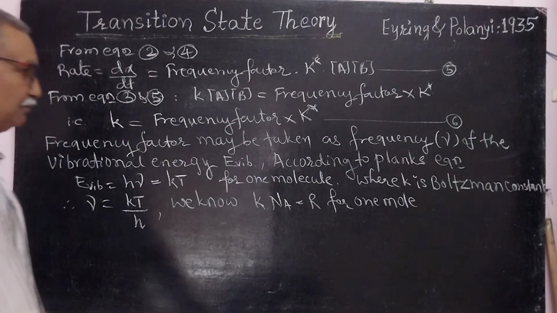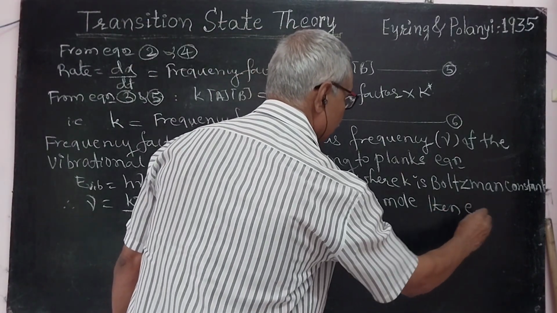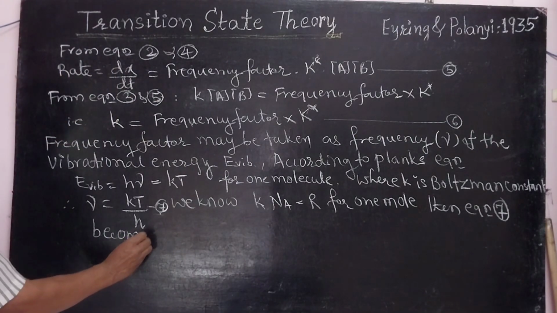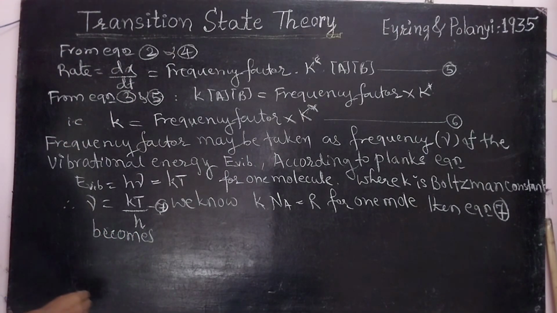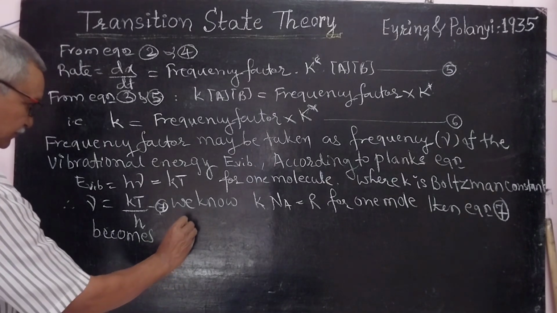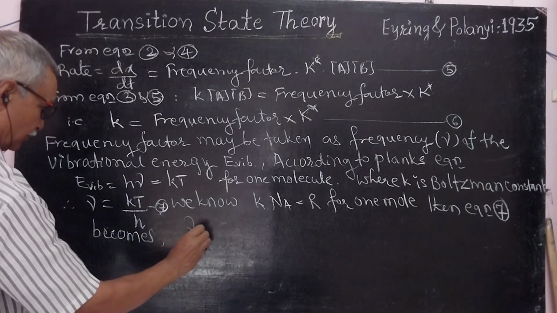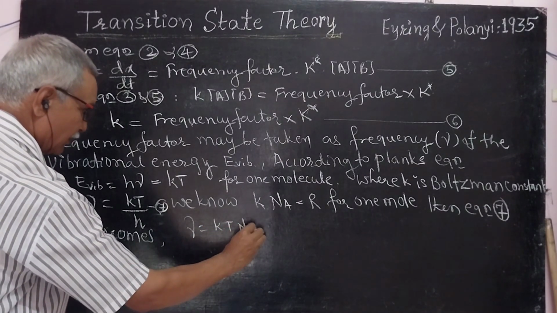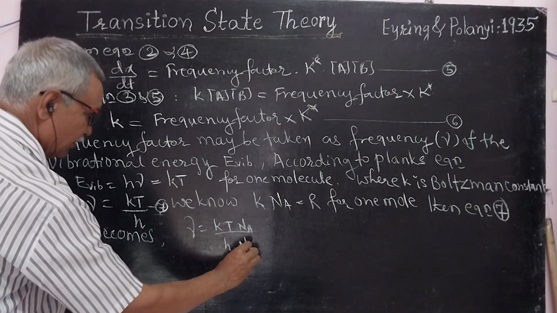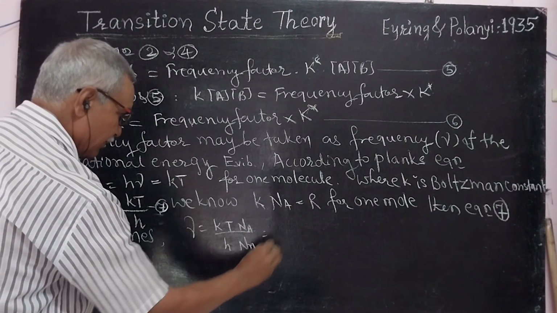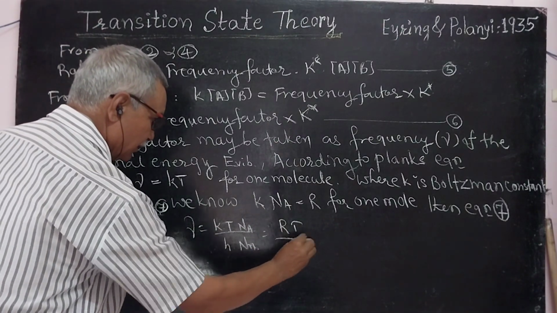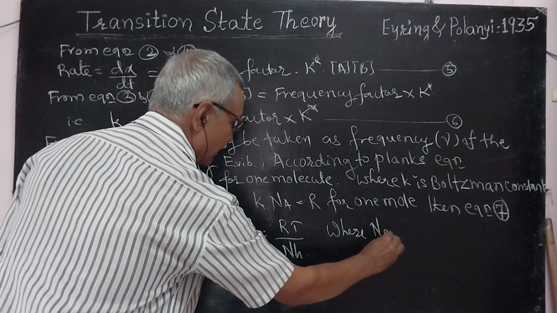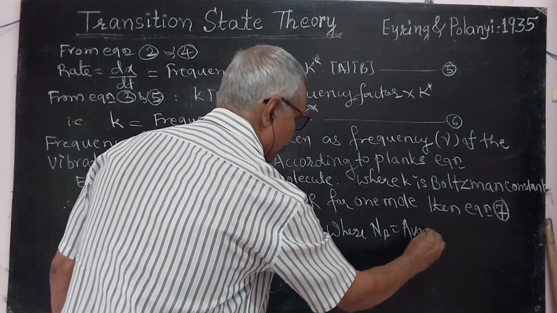Then equation 7 becomes nu equal to kT into Na divided by h into Na, that is equal to RT divided by Nh, where Na is Avogadro's number.